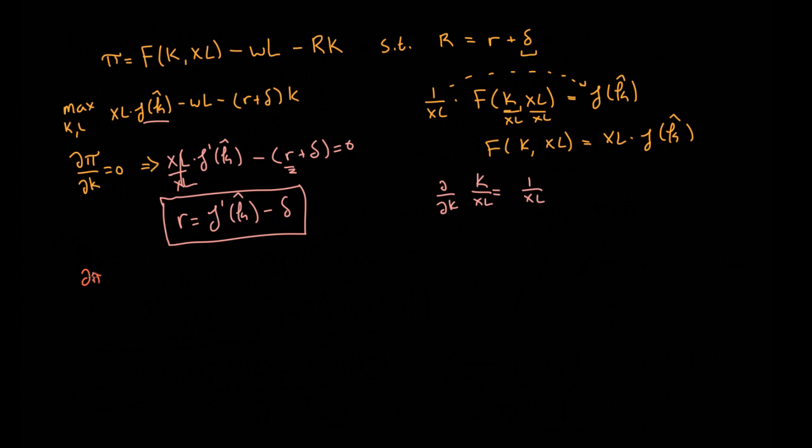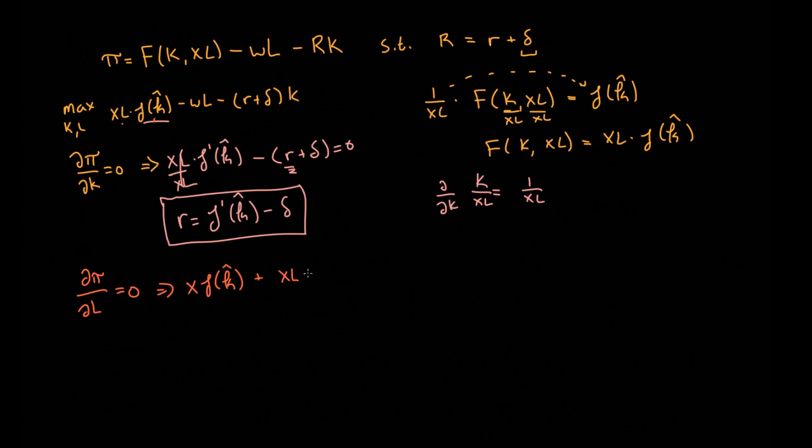We have one more first order condition, delta pi over delta l equals 0. We have an L in both this part and this part, so we need to use the product rule. First we get xf of k hat, plus, now xl comes for the ride.